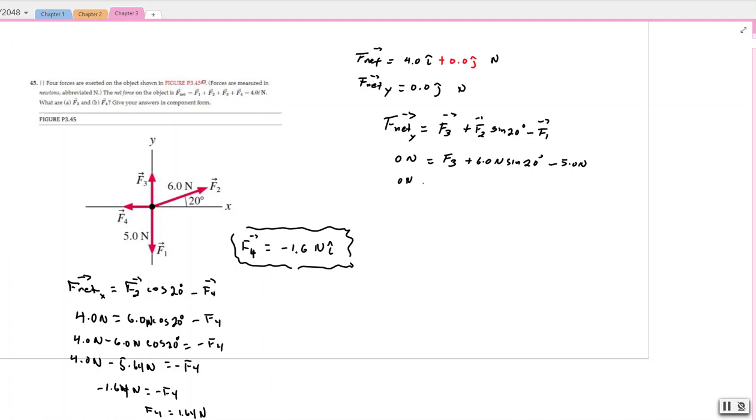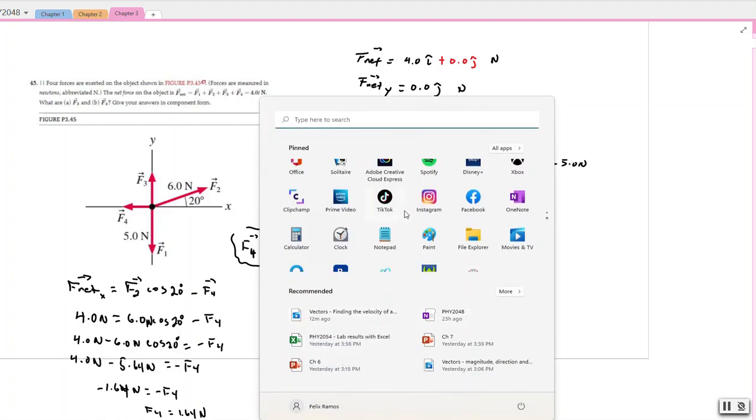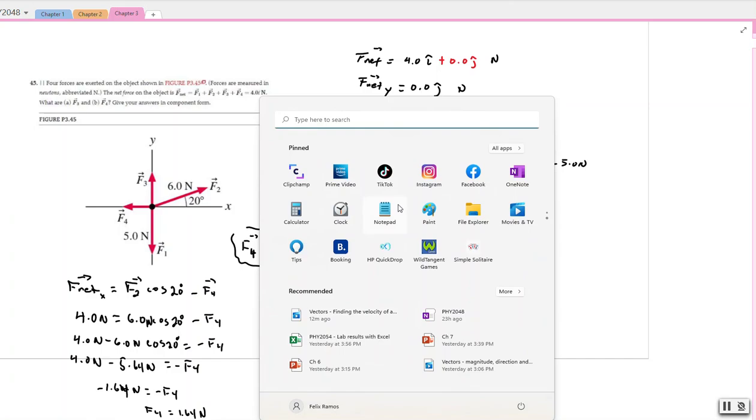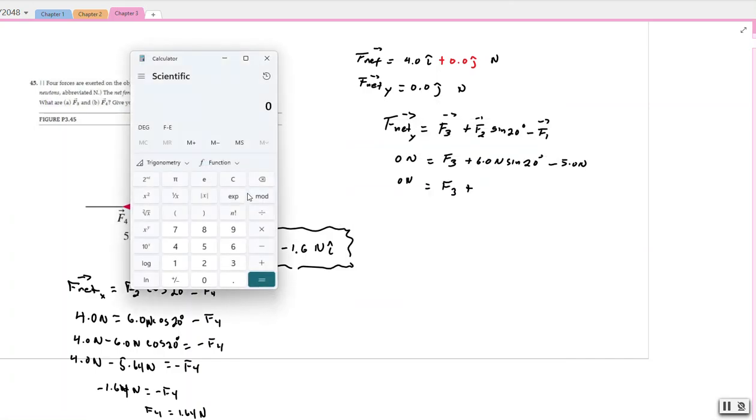So we have here 0 newtons equals F3 plus 6 sine of 20. Let us do the calculation real quick. Let me pick my calculator, and then I have 20 sine times 6.0.